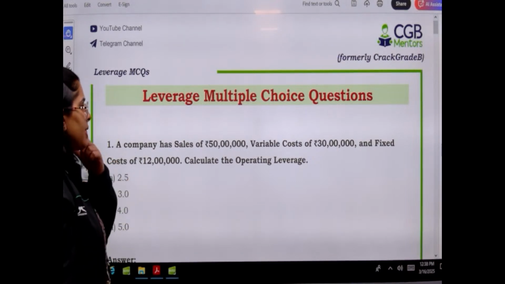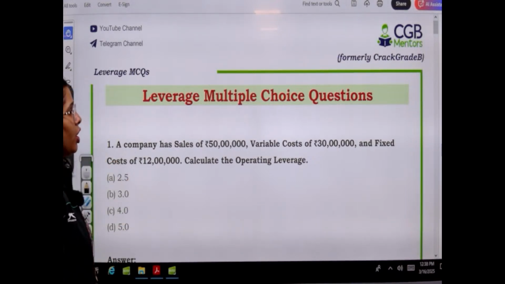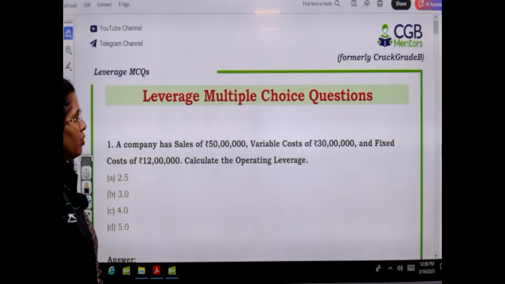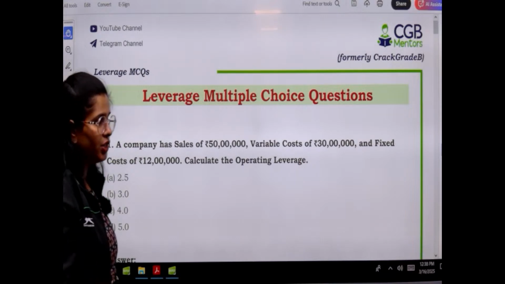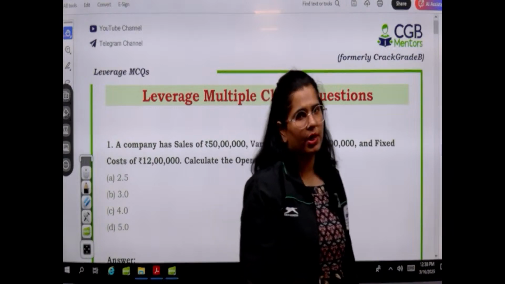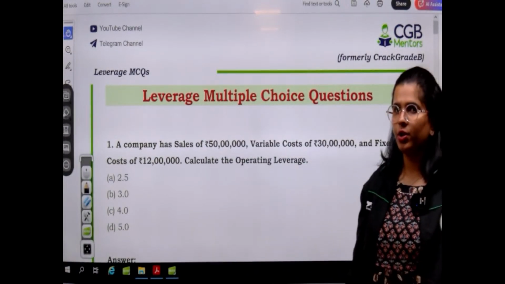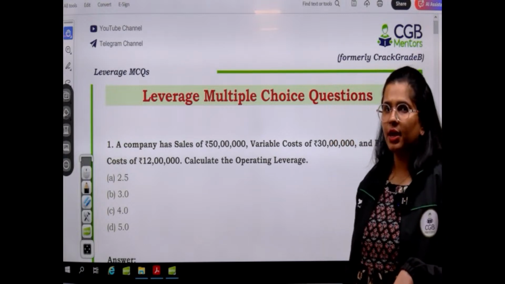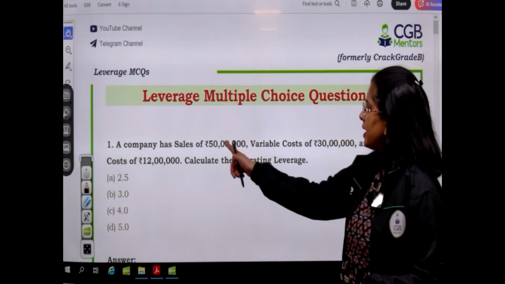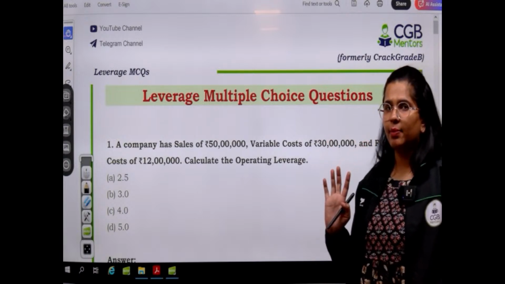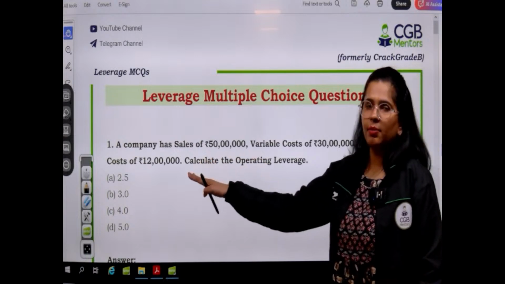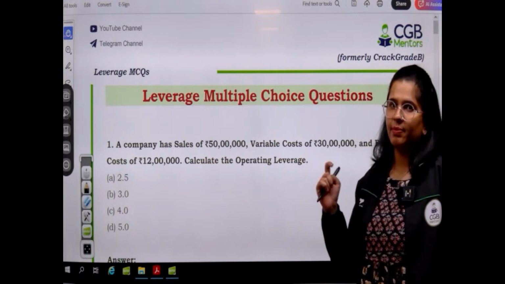The company has sales of 50 lakhs, variable cost 30 lakhs, fixed cost 12 lakhs. They want us to calculate the operating leverage. Now we know the formula of operating leverage: contribution upon EBIT. Can I calculate contribution out of this data? Very easily, yes. Sales less variable cost, I'll get my contribution. And out of contribution, if I deduct my fixed cost as well, I'll get my EBIT.